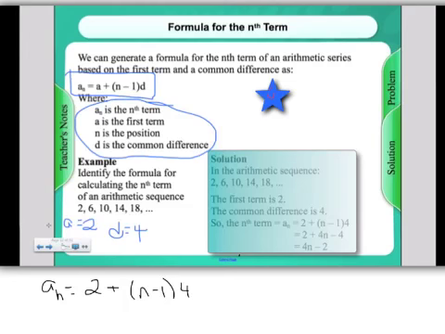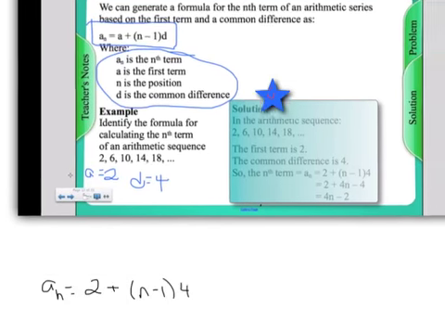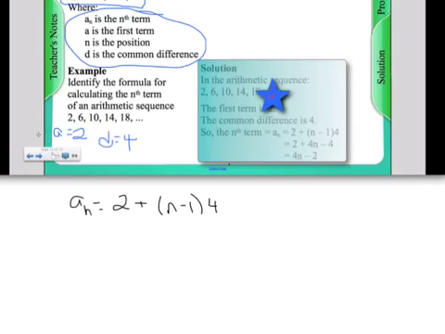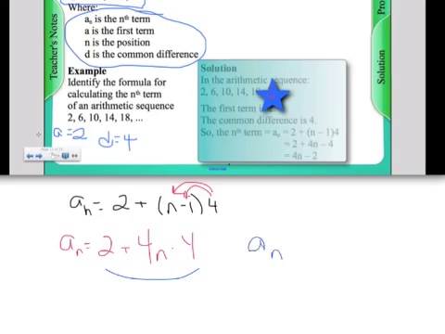We do have to simplify it in order to get our final answer. So we'll have a sub n is 2 plus, we'll distribute, 4n minus 4. We can combine our like terms here, so we know that a sub n is equal to 4n minus 2, meaning that for any n that I'm looking for, so let's say that I wanted to know what the 100th term was, I would plug that in for n.